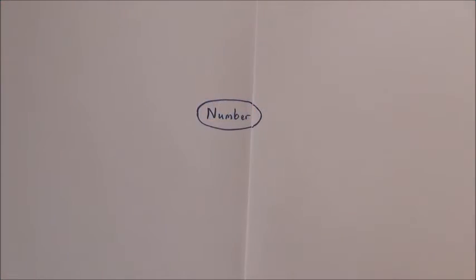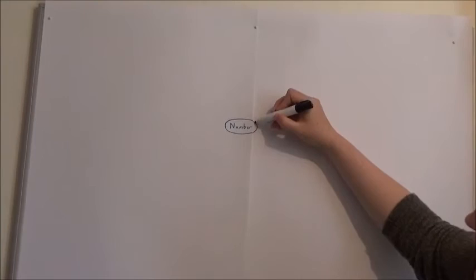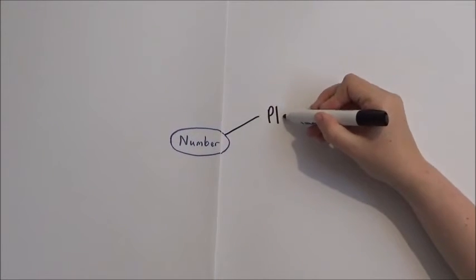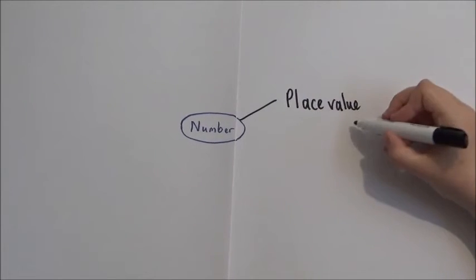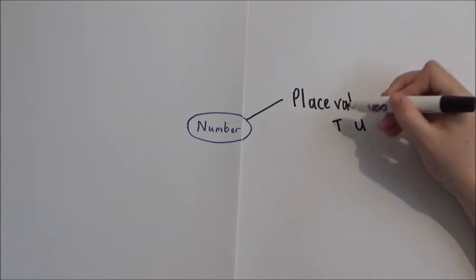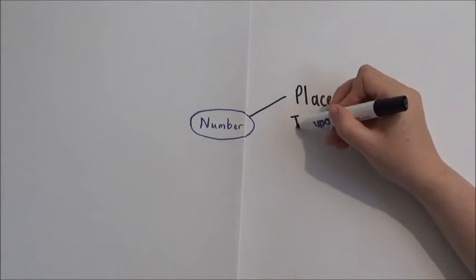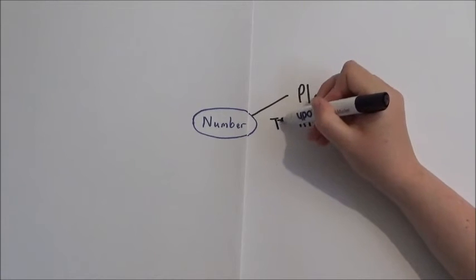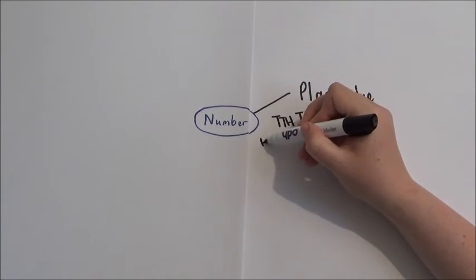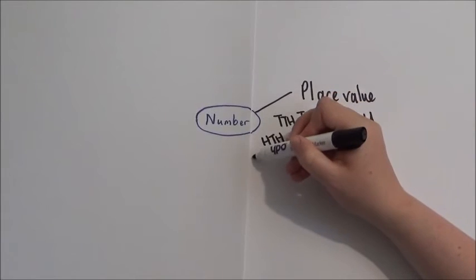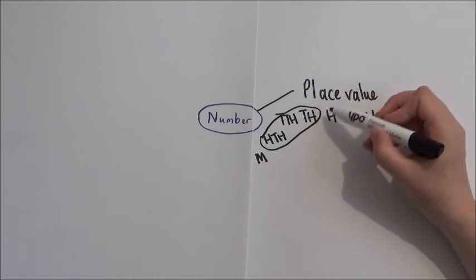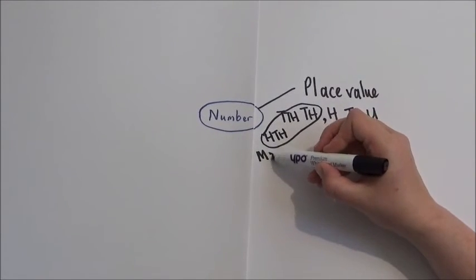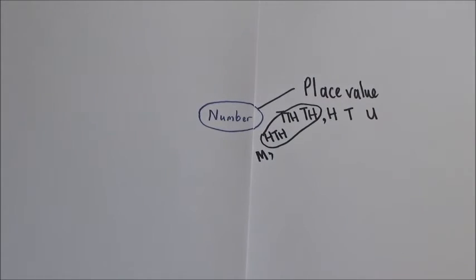So let's add our new maths understanding to our number mind map. Today we've been looking at place value. And we know that we've got units, tens, hundreds, thousands, tens of thousands, hundreds of thousands, and a million. We also know that this group here are called our thousand family, and we can remember that they're grouped together using the commas.